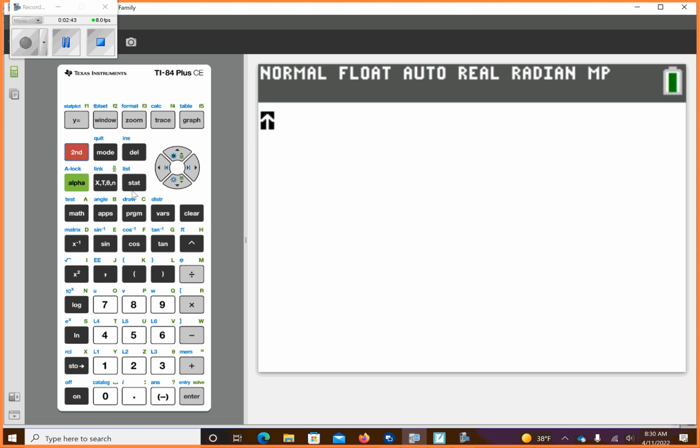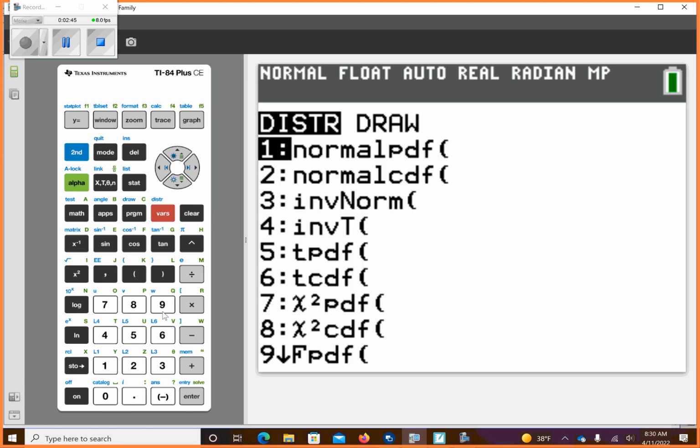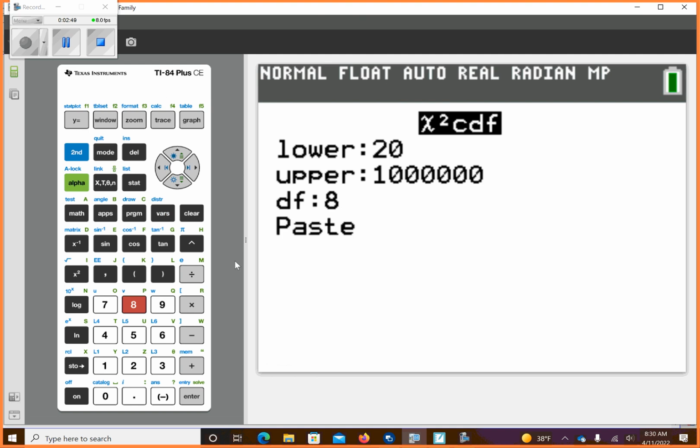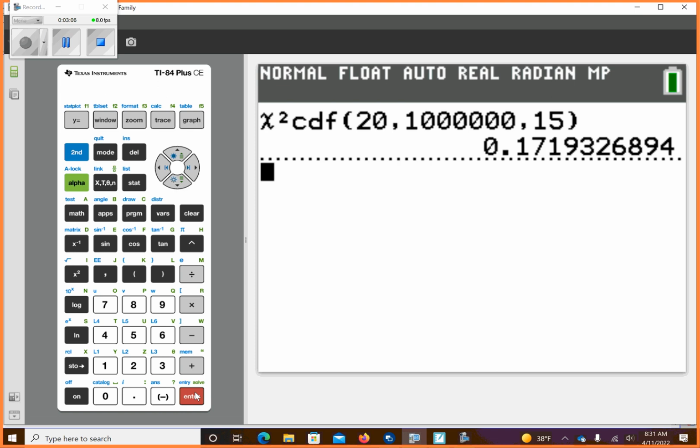We're going to go second distribute, down to number 8, which is chi-squared distribution. Our 20 is fine, our big number is fine, and then we're going to change our degrees of freedom to 15. And paste. That's going to give us 0.17.